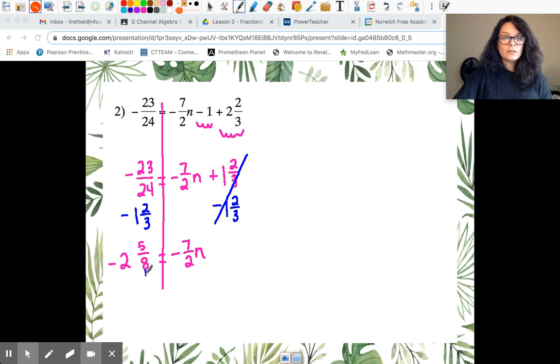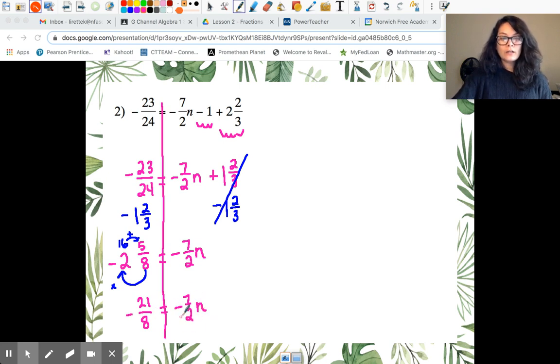To do that, I'm going to take this 8, multiply it with my whole number, and get a 16, and then add that result with 5. It's still going to be a negative when I convert like this. And then 16 plus 5 is going to give me 21 for my numerator. Denominator stays the same. So here's the equation that we're looking at.